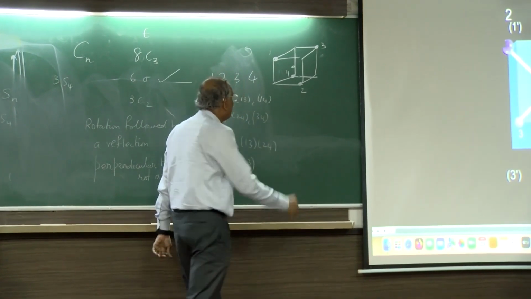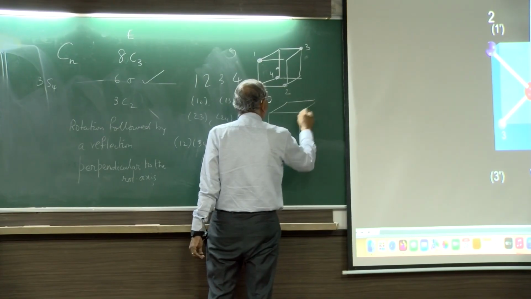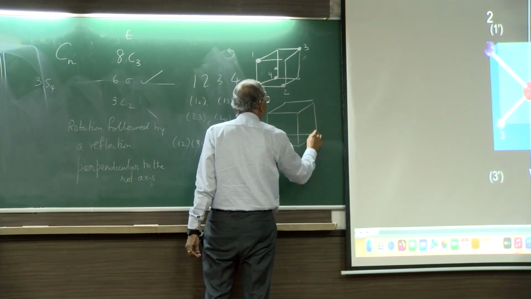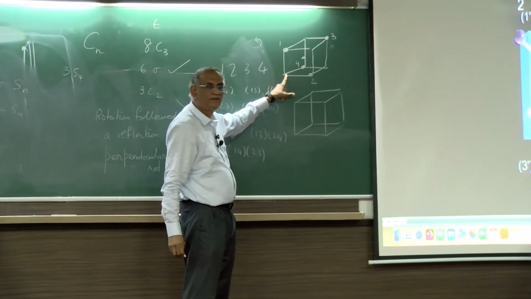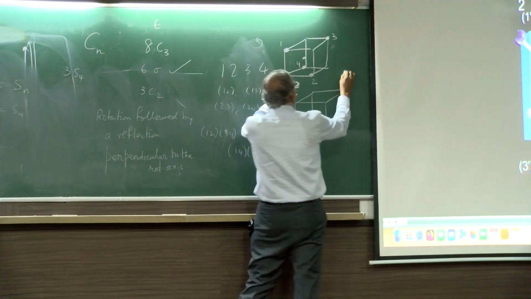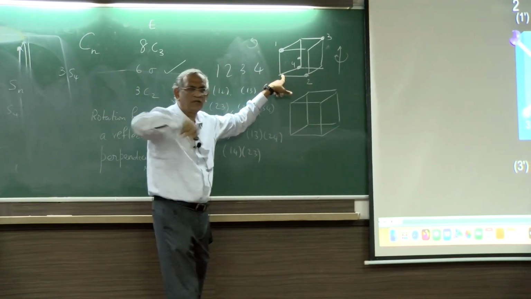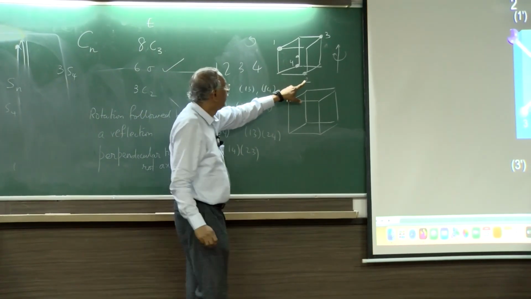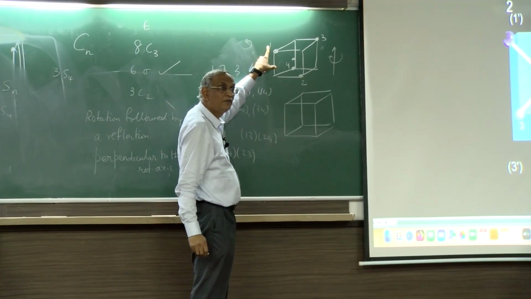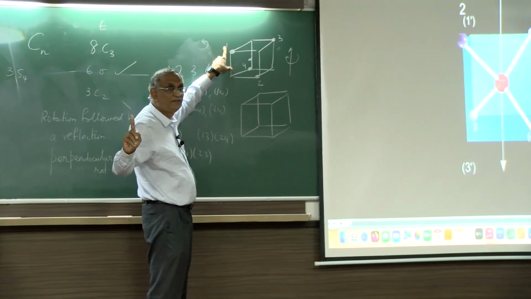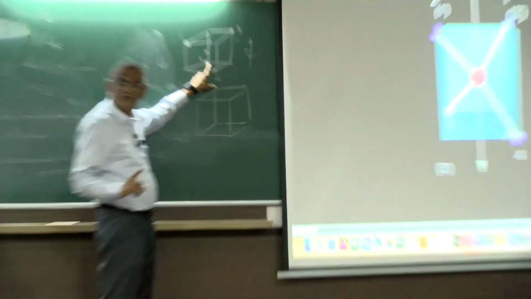So when you do the 90 degree S4, what do you get? The 2 goes here, if the rotation is this way. You can choose whichever way, right-handed or left-handed. So, where does 1 go now? S4. 1 goes here and then it gets reflected to 4.